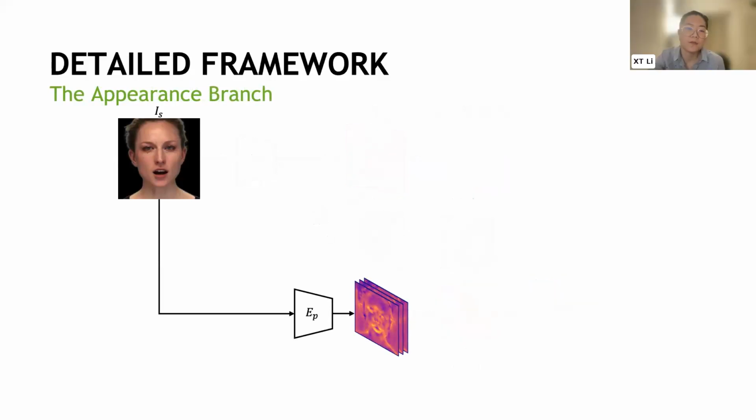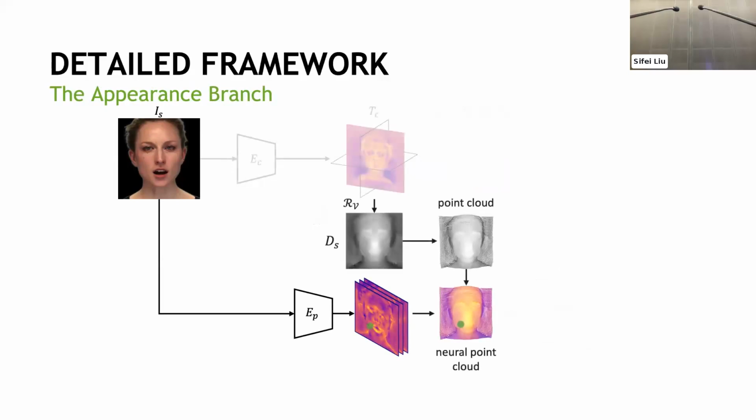In this branch, we first map the source portrait image to 2D feature maps. And then we use the depth map rendered from the canonical triplane to build a neural point cloud. So each point in the neural point cloud corresponds to a pixel in the source image.